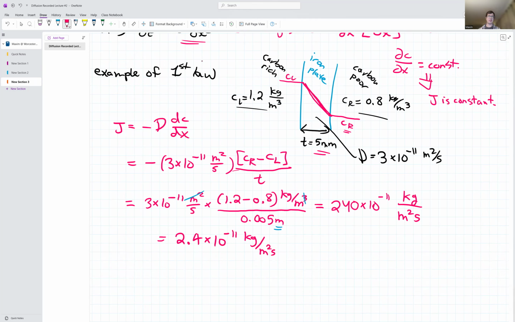Okay, so that's basically an application of the first law. Fick's first law is for steady state problems, where you have a constant flux and you're trying to figure out what the flux is based on the differences in concentration.